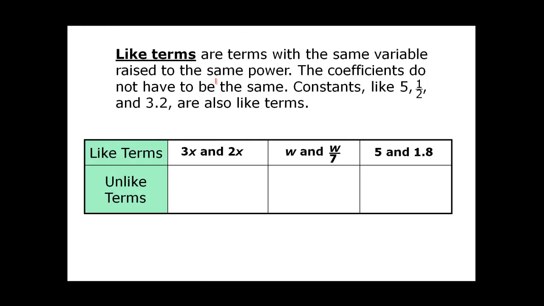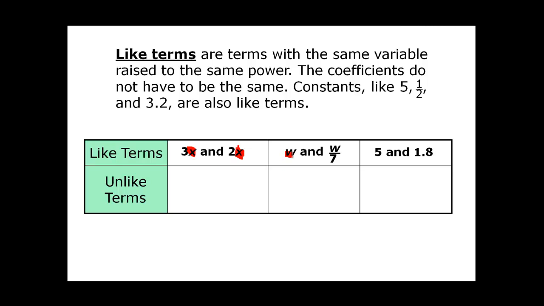Let's check here. This is an example of like terms: we have x here and x here. What is the power of x here? Here x power 1, here x power 1. So they are like terms. I don't care about coefficients, 3 and 2. I'm looking only at the variable.